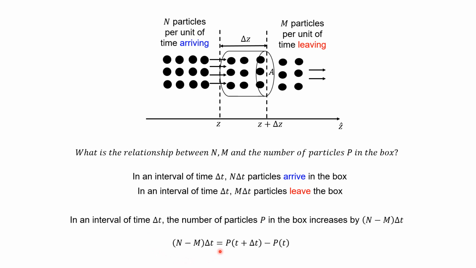So if this is the net increase in the number of particles, it must be the number of particles after the interval of time delta t minus the number of particles before the interval of time delta t.